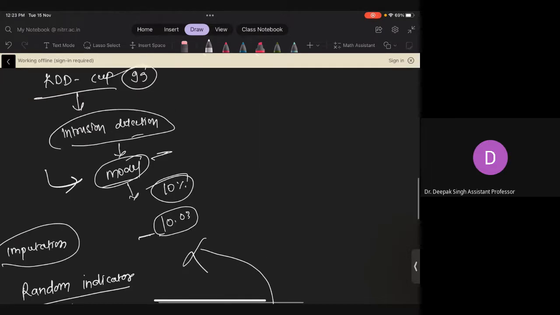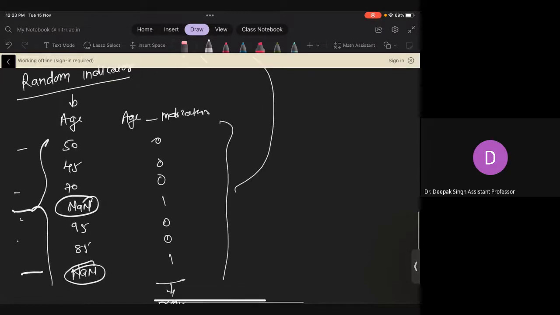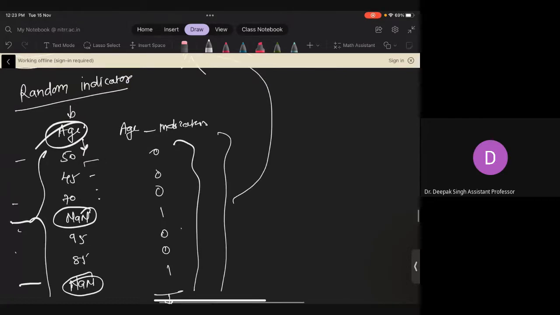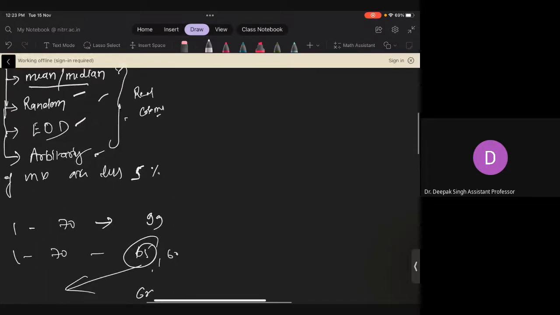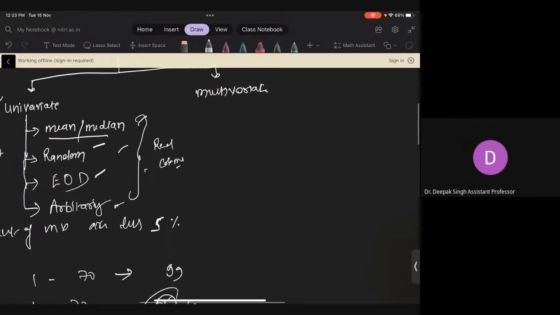So this was in the case of numerical values. The same thing can be done in categorical also. If you have categorical values over here and any categorical value which is carrying missing, तो वहां पे क्या करना है? Just indicate by this additional column. ठीक है? तो वहां पे भी 1, 0 and it will do the same thing. This is how missing indicator will help you in both numerical as well as categorical data too. This was all about univariate analysis. Okay, like univariate data imputation.